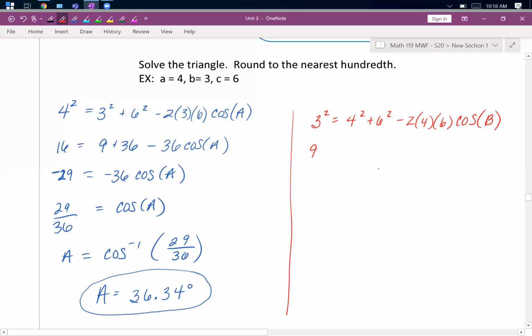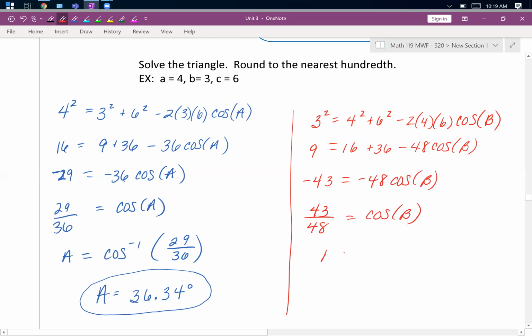Isolate the cosine, inverse cosine. That negative 43. So B is going to be cosine inverse of 43 over 48.